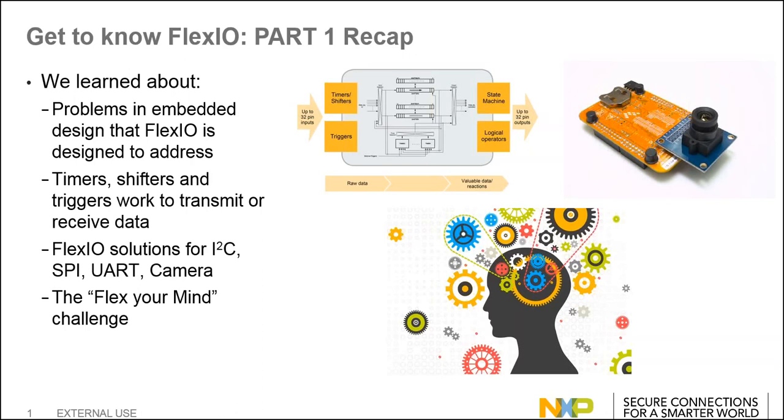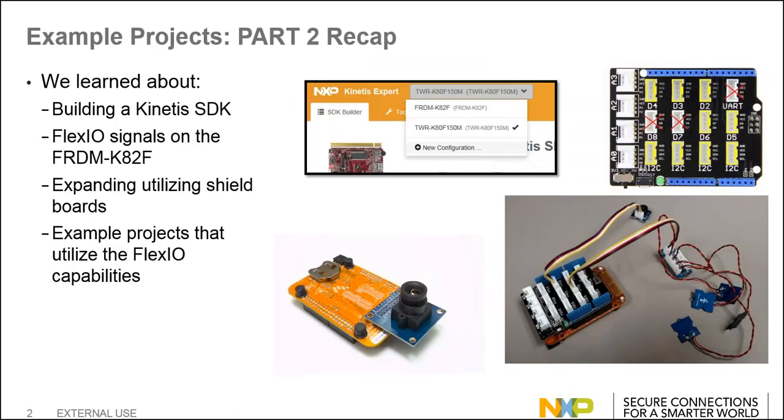We also looked at some of the software in our Kinetis SDK, and we introduced the challenge. Then last week, we went a little bit deeper, and we talked about how you get your Kinetis SDK, where the FlexIO signals on the FRDM-K82F reside, and how they can be expanded with expansion boards like the Seeed Studio Expansion Shield and the Grove Sensor.